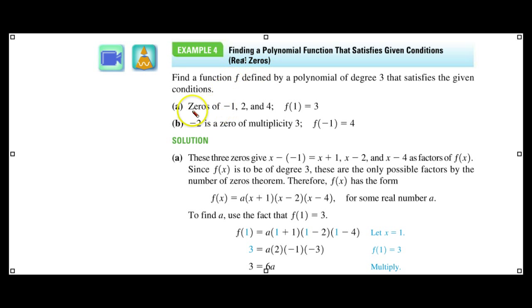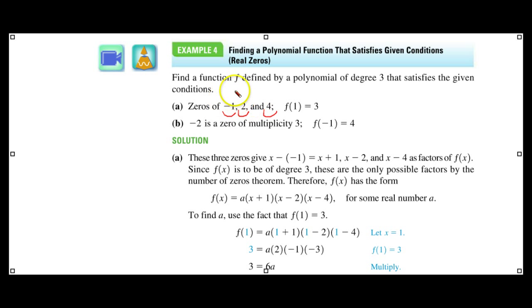So they're giving us the zeros of a -1, a 2, a 4, and in a sense giving us this qualifier that f of x, where x is 1, y equals 3. Okay, we'll get to b shortly here. So basically, these are the results.